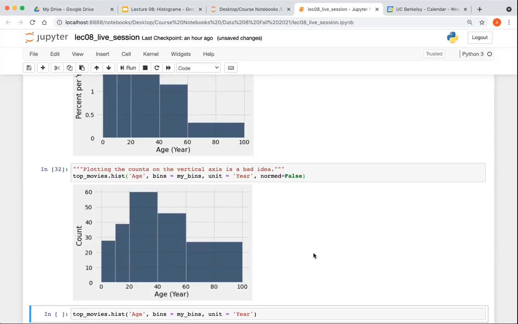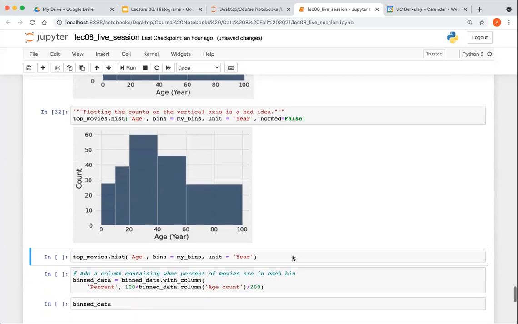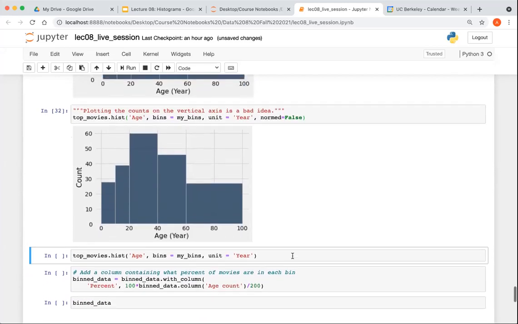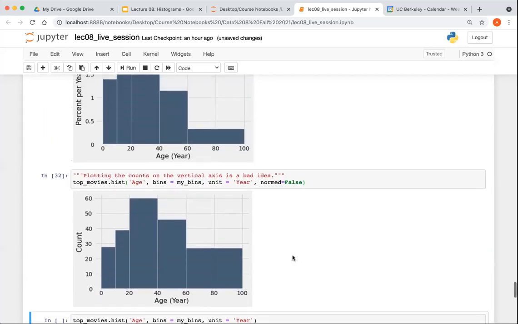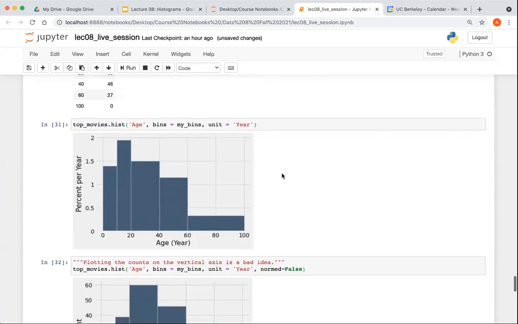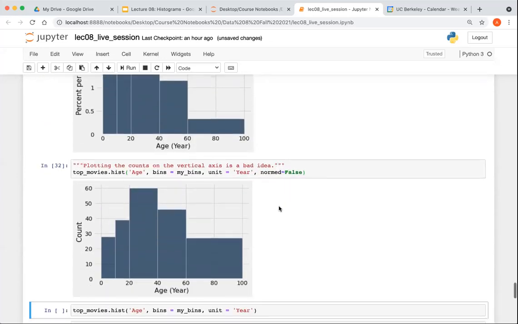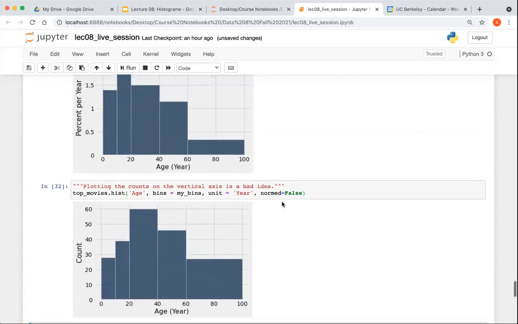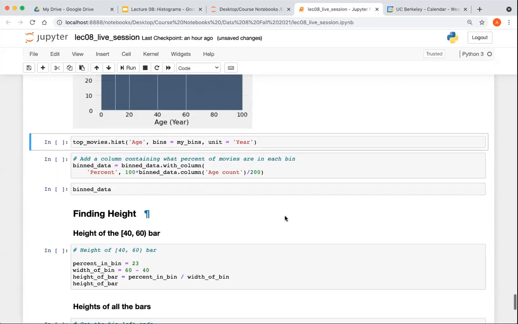Even when you have equal bins, it is still a good idea to plot carefully on the vertical axis. So I guess what I'm going to do is look at what these heights are. And so actually, I'm going to do something here that annoys people.